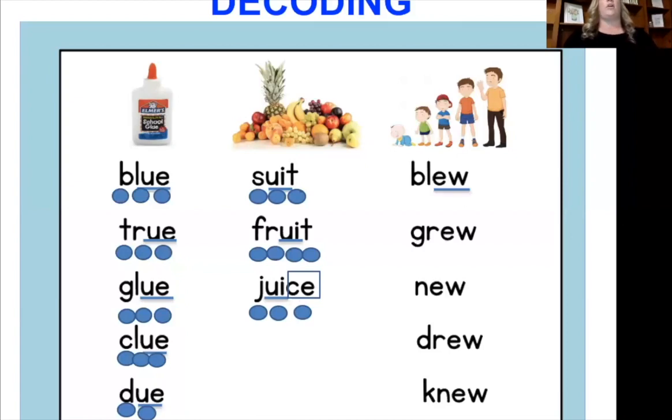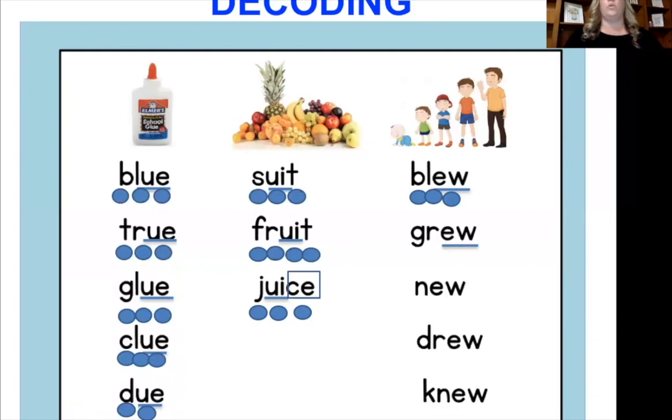Let's look at the last column. Look at the first word. What did we underline? The EW. What sound? Oo. Let's make the sounds. B, l, oo. Blew. This blew is the verb, like she blew out her birthday candles. Identify the vowel team in the next word.